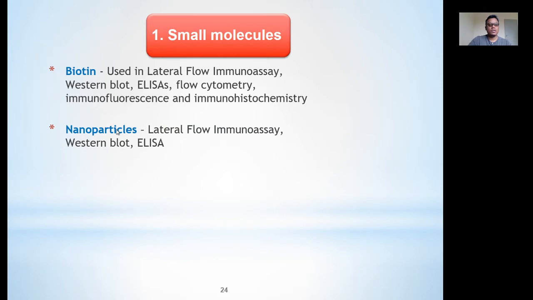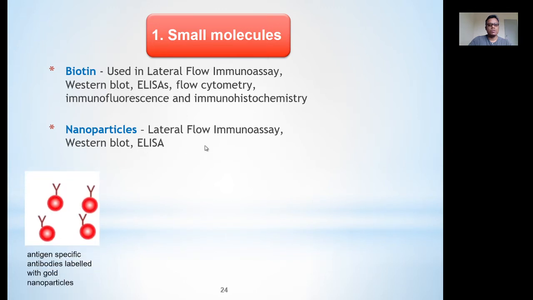And also nanoparticles. Nanoparticles are getting more and more popular nowadays in the research and also diagnostic field. We can use gold nanoparticles and silver nanoparticles in lateral flow immunoassays, Western blot, and ELISA, to name a few.